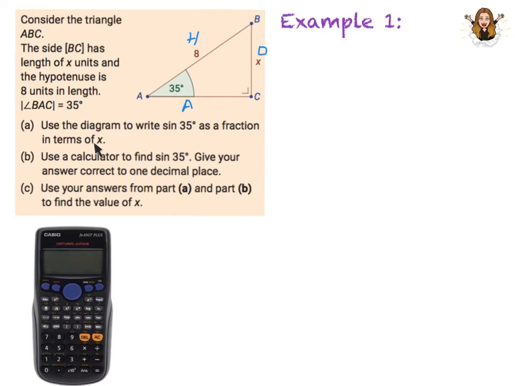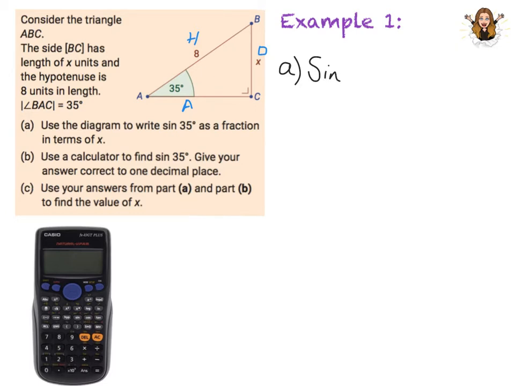So use the diagram to write sine 35 as a fraction in terms of x. So that's what we're going to do now. We're going to write sine 35 as a fraction. So our answer is going to have x in it, and that's fine. So for part A, we're told to write sine 35 as a fraction. Well, sine equals opposite over hypotenuse.